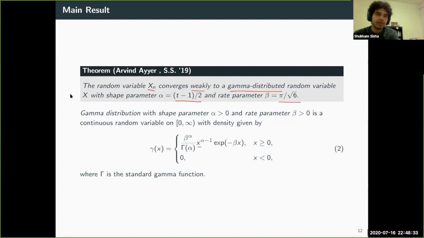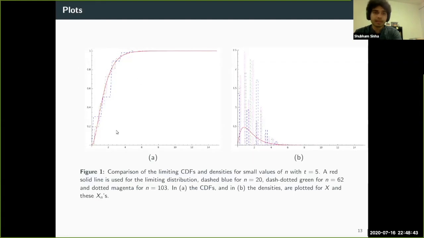So we get a nice distribution convergence, and here is the figure where to the left we have the cumulative distribution function, and we see that as t equals 5 and n goes from 20 to 62 and 103, the dotted lines seem to converge to the expected distribution given by the asymptotics.